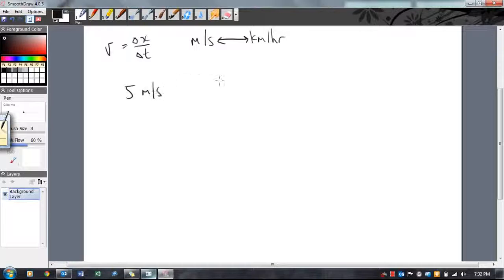So 5 meters per second, if you're going to change that to kilometers per hour, how many meters are there in a kilometer? It's 1,000, so you'd need to divide by 1,000. And to get hours into seconds, you'd need to multiply by 60 and then by 60.